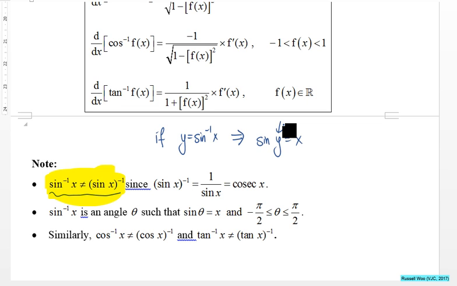If sine y is x, it means y is an angle, x is a ratio. If x is a ratio, does it make sense then that x must fall between minus 1 and 1? Some of you shake head.